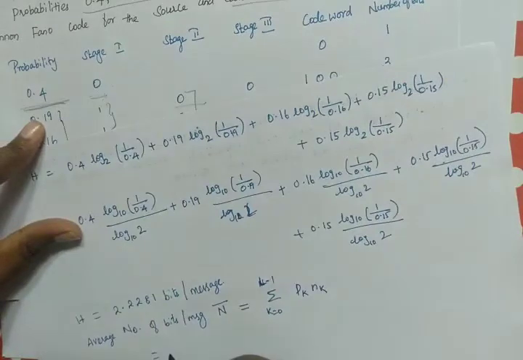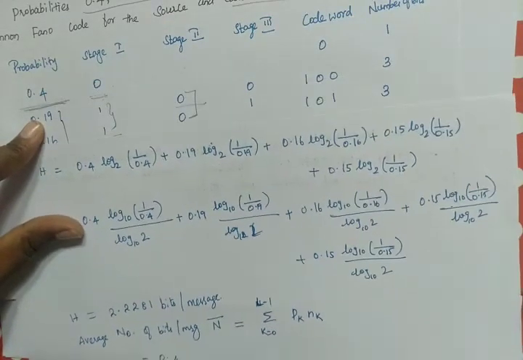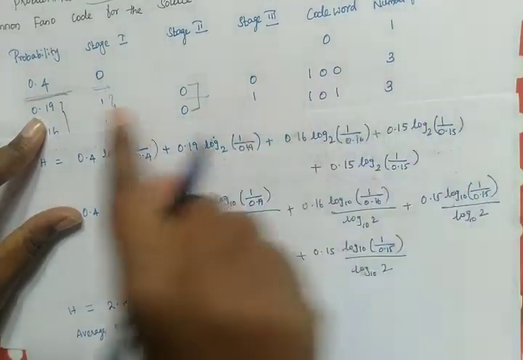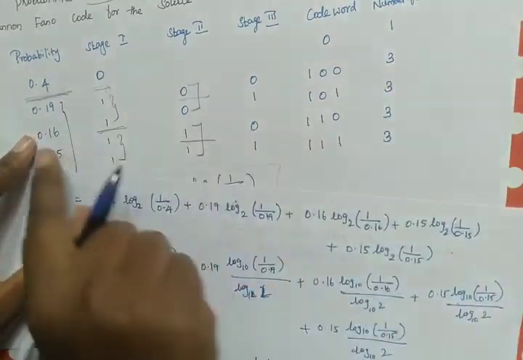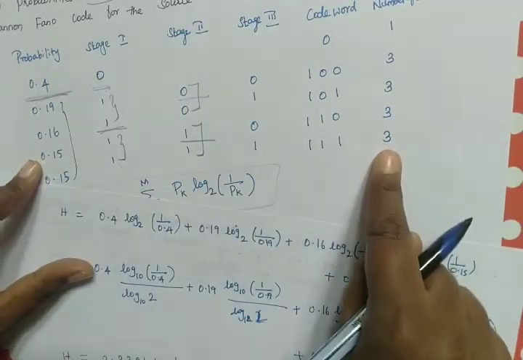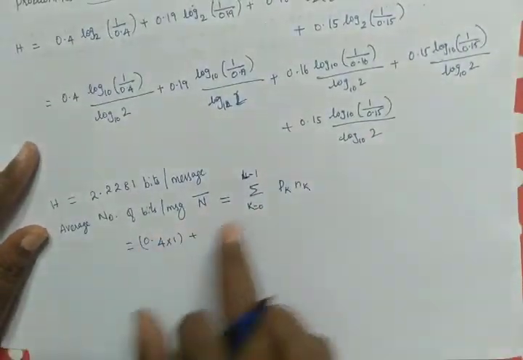Now here we have 0.4 into 1 plus 0.19 into 3 plus 0.16 into 3 plus 0.15 into 3 plus 0.15 into 3, that is our average number of bits.